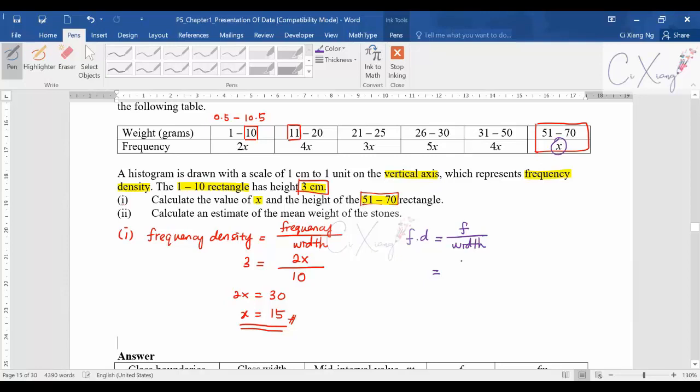X, so it is 15 divided by the width. What is the width here? Class boundary should be 50.5 until 70.5. Therefore, you should divide it by 20. So from here, you get 0.75. Therefore, you can tell them that the height is the frequency density, which is equal to 0.75 cm.